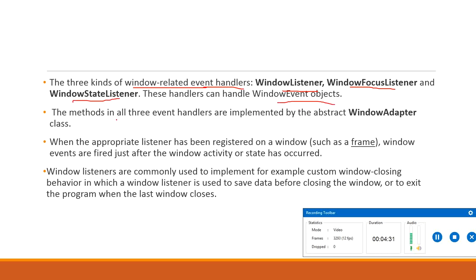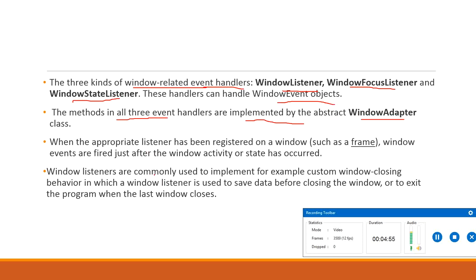Now the methods of all these three event handlers, which are WindowListener, WindowFocusListener, and WindowStateListener, are implemented by the abstract class WindowAdapter. So when the appropriate listener has been registered on a window such as a frame, window events are fired just after the window activity or a state has occurred.